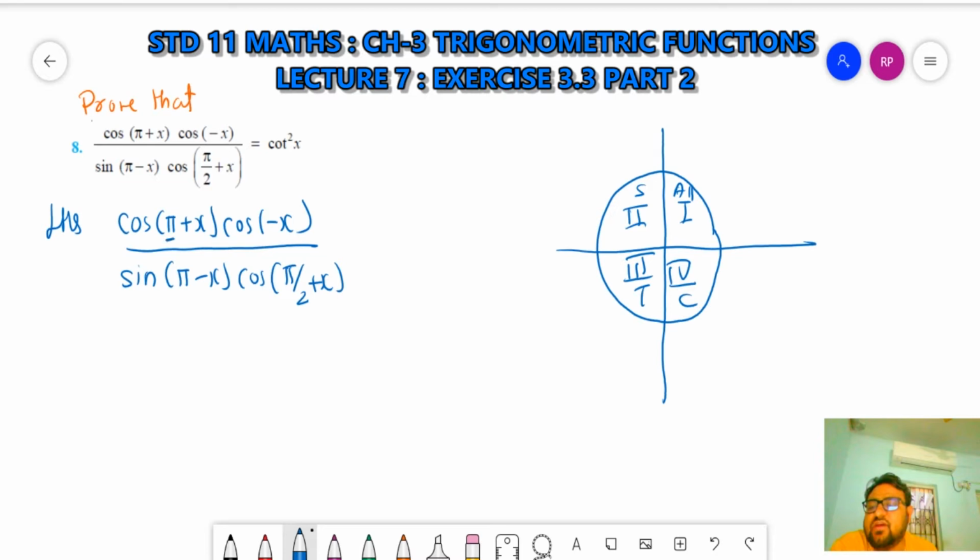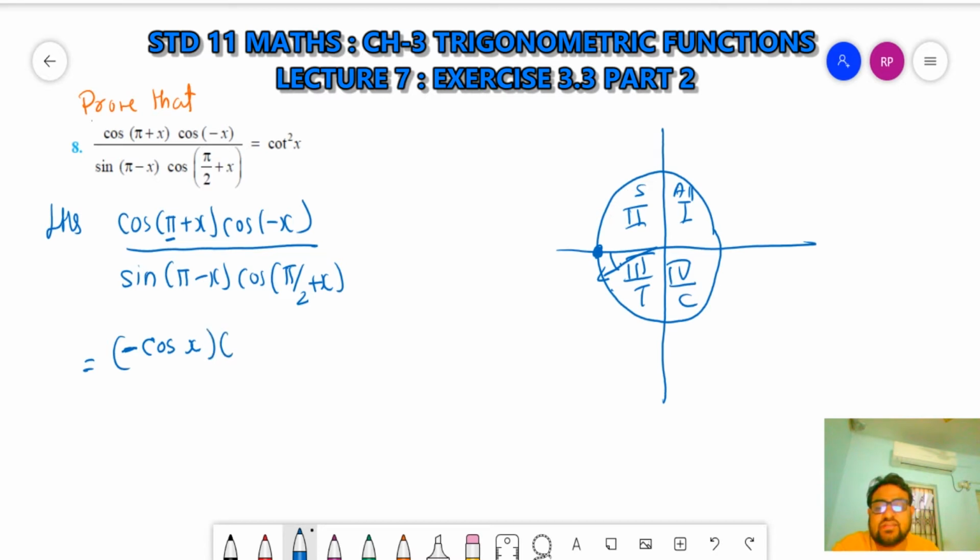Pi shift, that means we will not convert cos. It will be cos x, and whether it is positive or negative: pi plus is in the third quadrant, where cos is negative, so here I will put minus cos x.